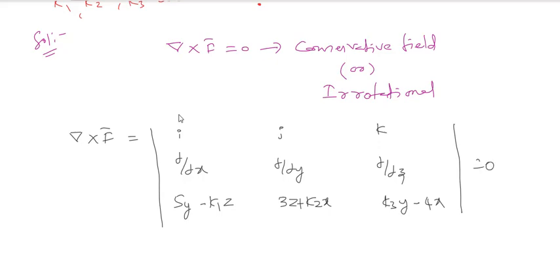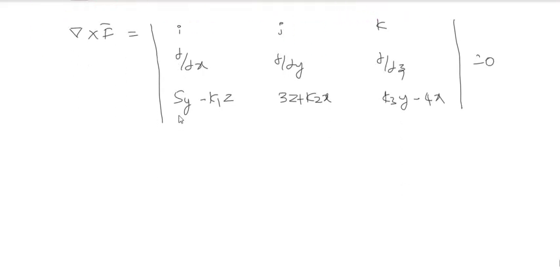So what will you have? I into, with respect to y, k3 minus 3. Next, minus j into, with respect to x, minus 4, and z gives plus k1. Am I right or not? Next, plus k bar into what?